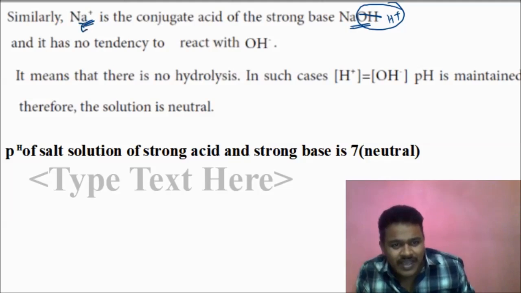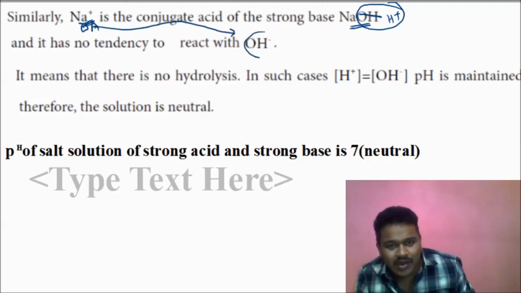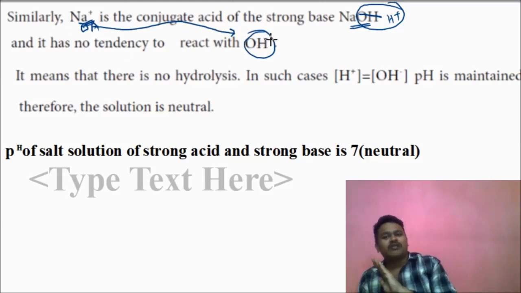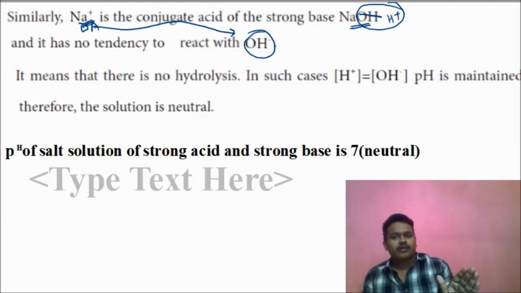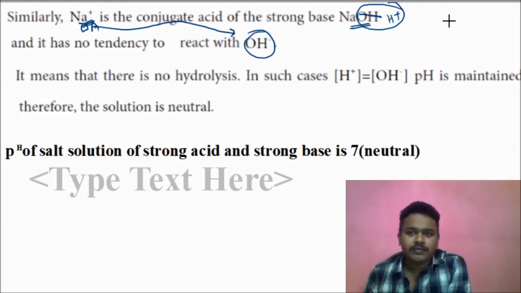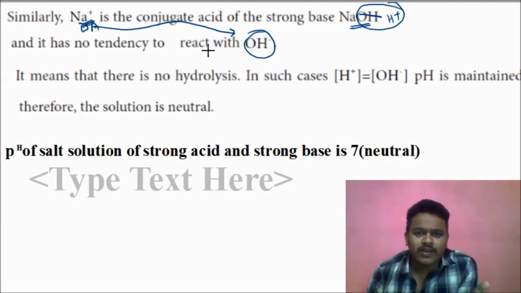But it is a weak acid, so it cannot react with the OH minus. That is why NaOH will not form again.